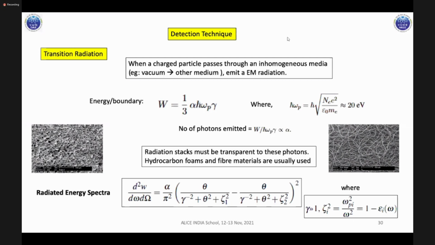If you want to design this transition radiation detector, and consider what kind of photon detector you need, you have to look at d2W by d omega d capital Omega. This will directly give the amount of energy radiated as a function of frequency for a particular solid cone. Okay.